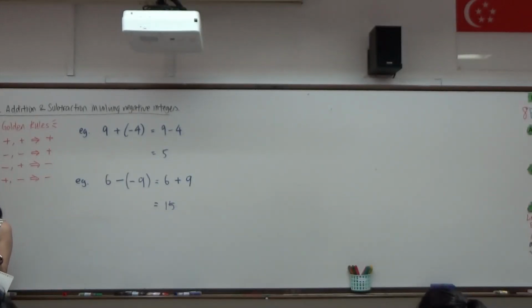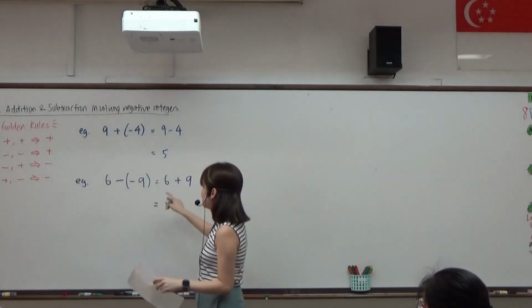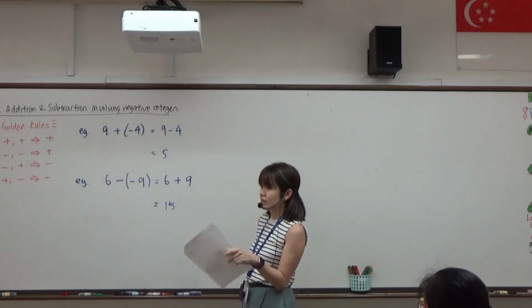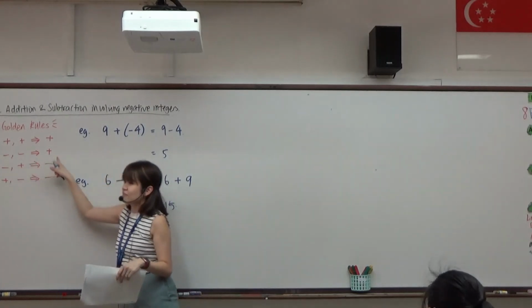So what's a good situation for this? What you don't understand so far? Why is it a plus here? Because you minus that. The golden rule says minus minus equals plus.